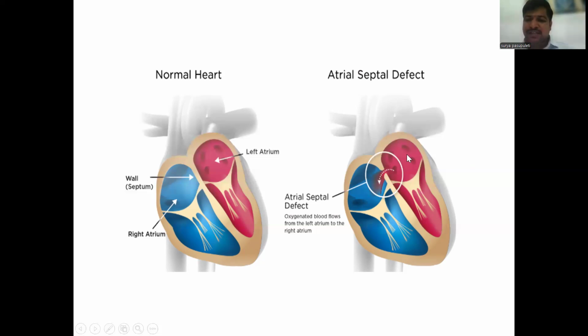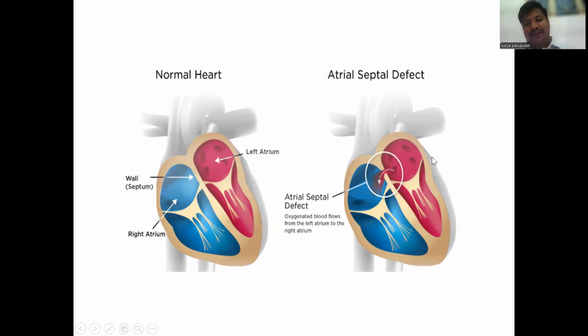What happens here in the atrial septal defect? As we know, the pressure in the right side of the heart is less compared to the left side of the heart. The oxygenated blood from the left side of the heart will be shunted into the right side.